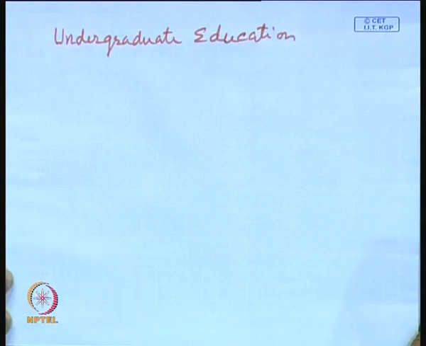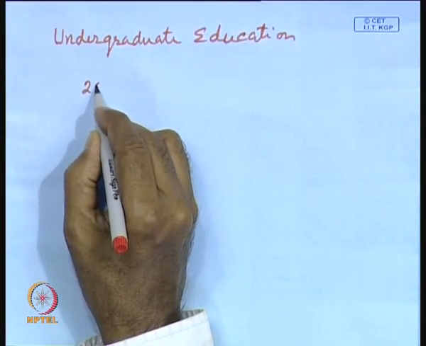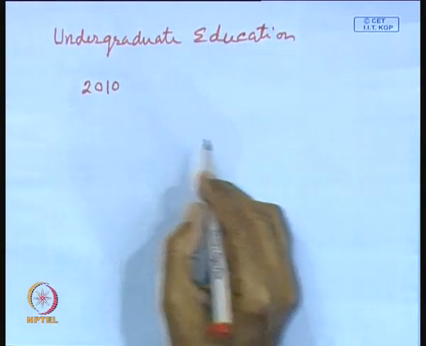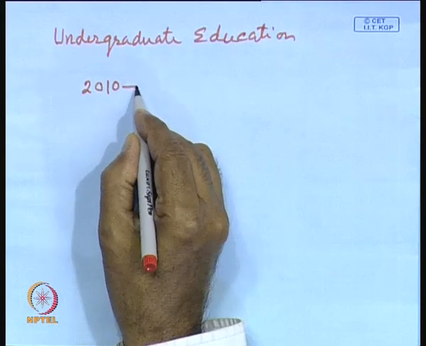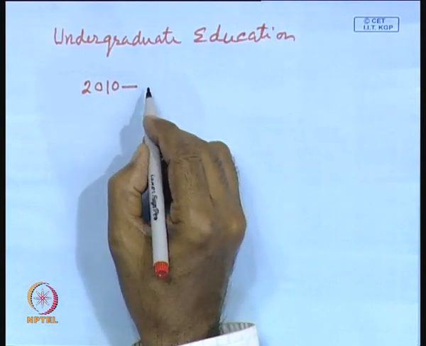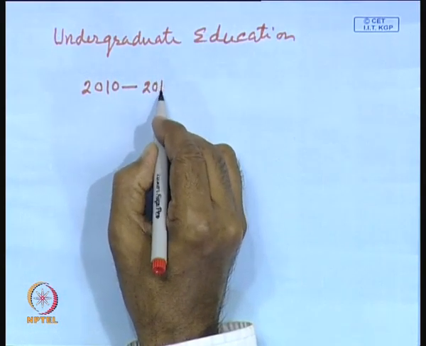As you know, the undergraduation takes 4 years. So, let us assume that we are admitting students in the year 2010. How long will they take? They will continue up to 4 years. So, 11, 12, 13, 14, 2013.